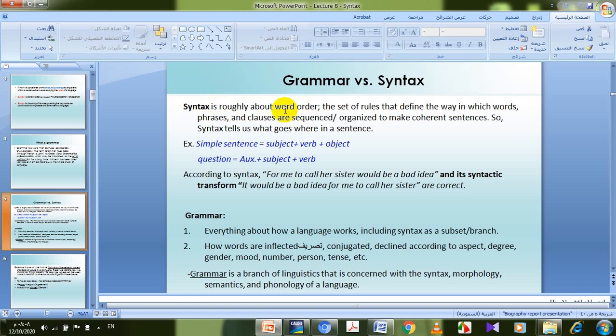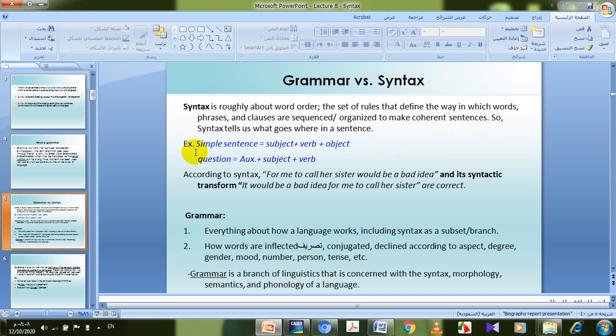It is roughly about word order, the set of rules that define the way in which words, phrases, and clauses are sequenced or organized to make coherent sentences. So syntax tells us what goes where in a sentence.